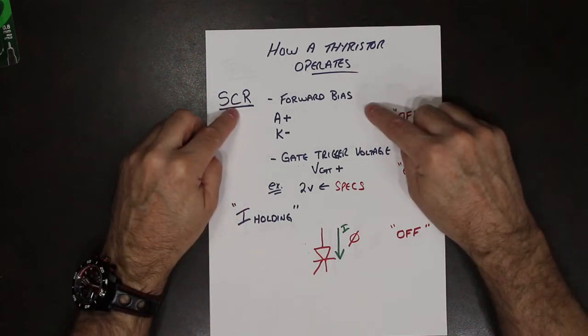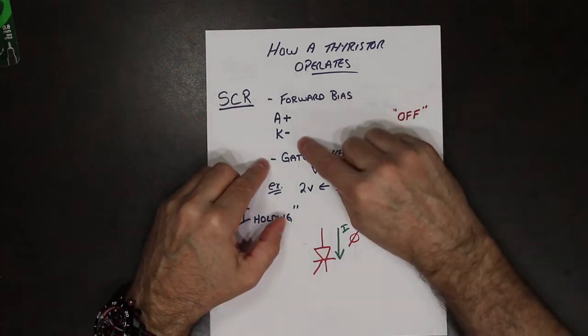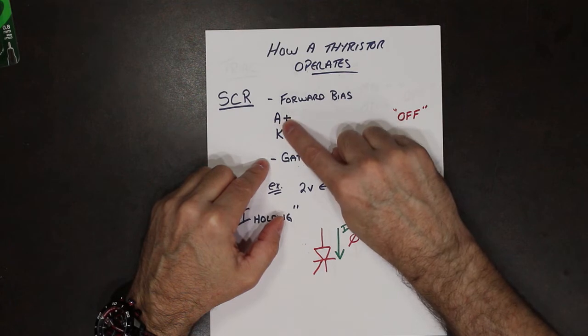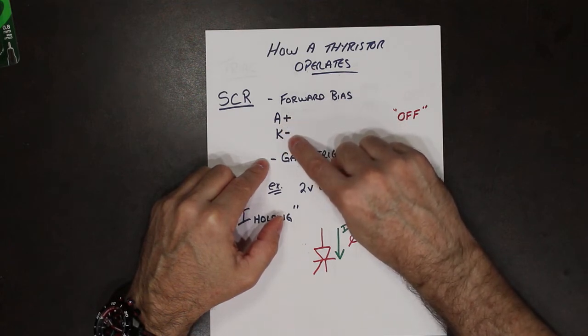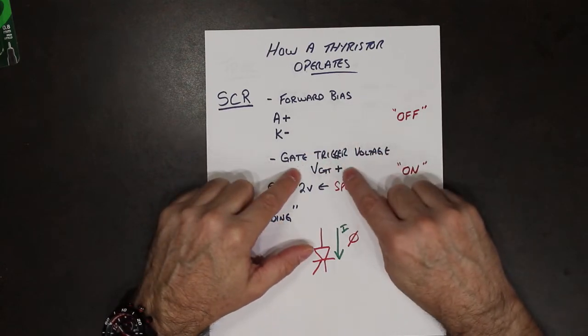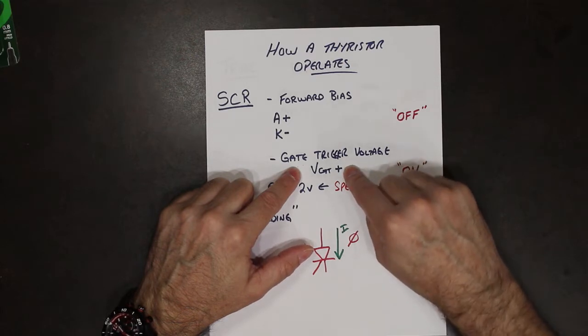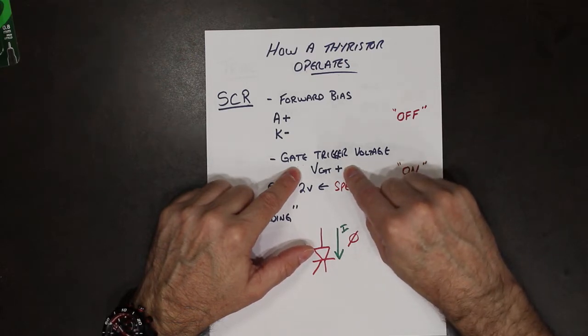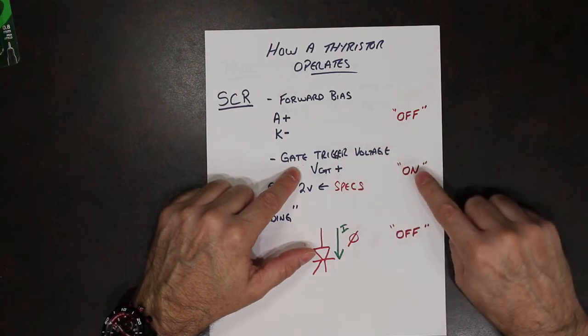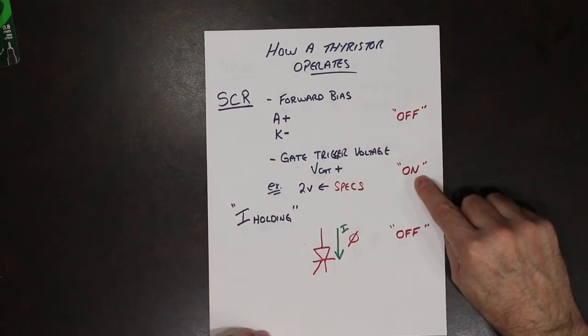With the SCR, remember it has to be forward biased, so that means the anode must be positive with respect to the cathode. And then we need a positive gate trigger voltage, and it's going to be greater than what's in the specs. Once we have those two conditions, then the device is turned on.